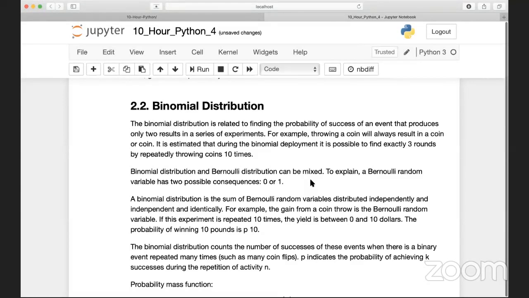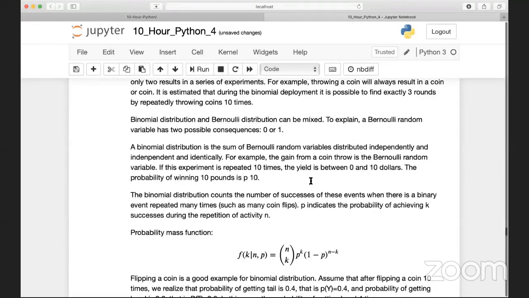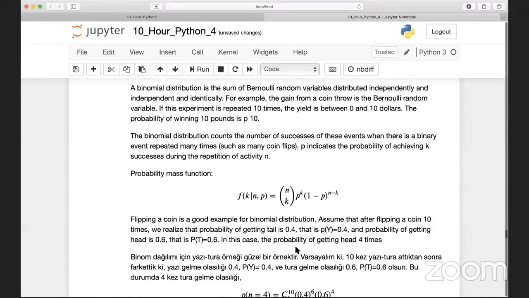Okay. So the binomial distribution, if I need to give an example, is tossing a coin like 10 times, okay? But in the Bernoulli distribution, we toss a coin just once, okay? So the difference between the binomial and Bernoulli distributions in terms of the probability mass function is the combination here, okay?